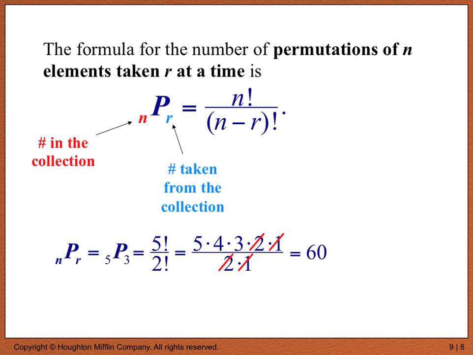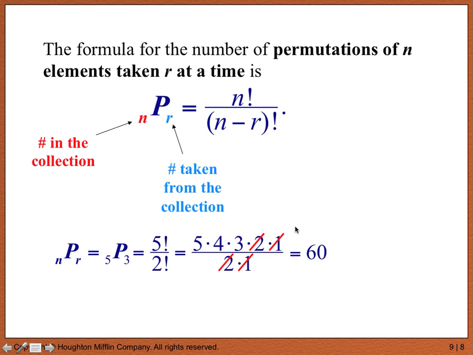Well, the reason we have it is because I've only got 3 slots, which I'm highlighting here with the arrow. And 3 slots means that for this first event I've got 5 to choose from, for this next event I have 4 to choose from, this next event I have 3 to choose from. Well, the 2 and the 1 cancel, numerator and denominator. So I'm left with 60.